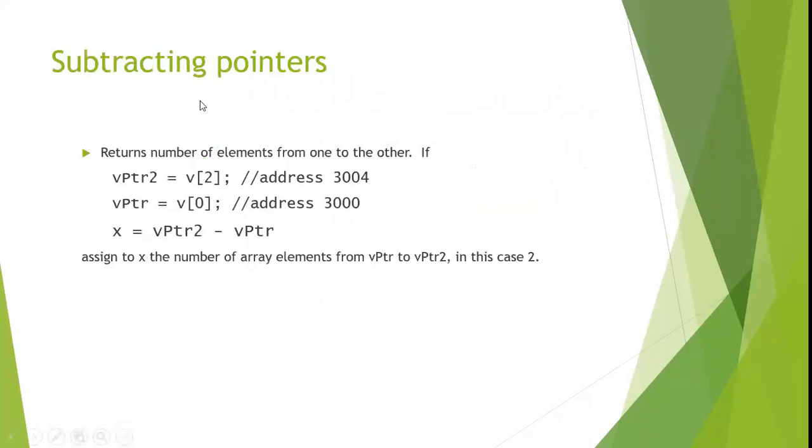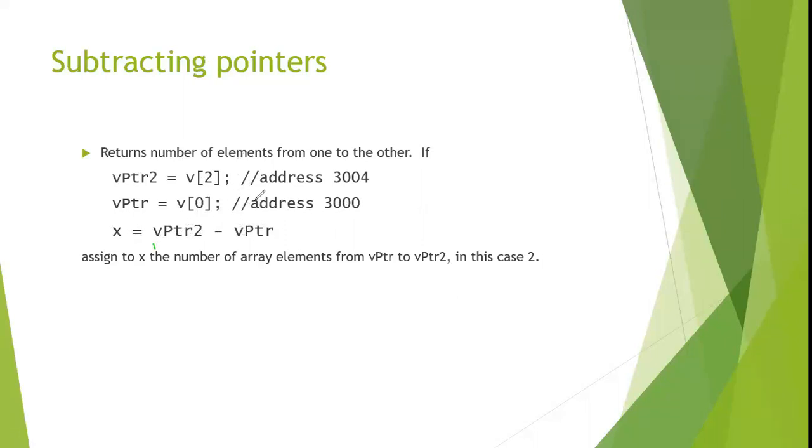Now, similarly, I can subtract 2 pointers also. This is how we do it. PTR2 is equal to V2 and PTR is equal to V0. If I write X is equal to PTR2 minus PTR, it assigns to X the number of array elements from PTR to PTR2.